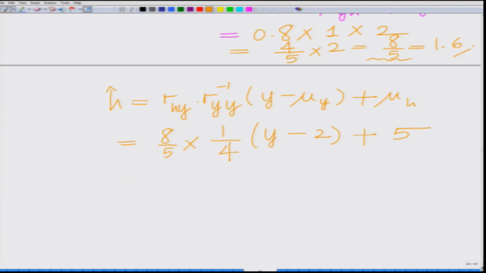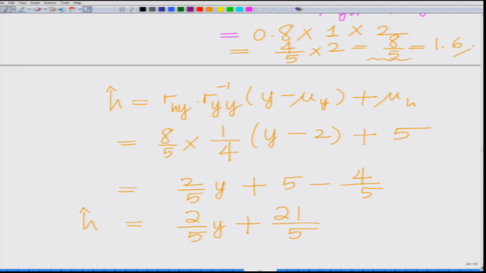What this comes out to is 2 by 5 into y, plus 5 minus 4 by 5, which is 2 by 5 y plus 21 by 5.